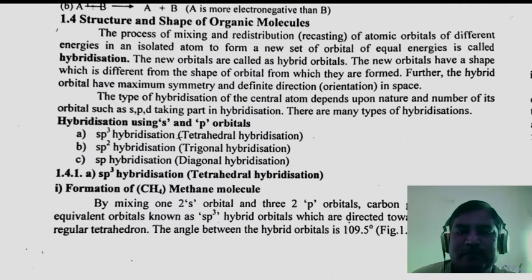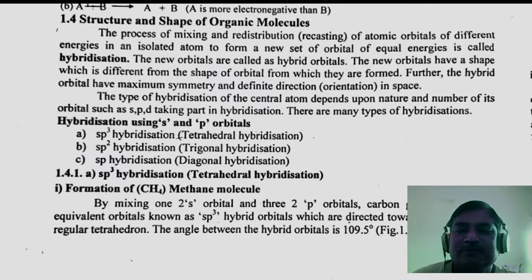But whenever these atomic orbitals are combined during the process of hybridization and again redistributed, we get a set of hybrid orbitals with equal energy, and those new orbitals developed after hybridization are called hybrid orbitals.